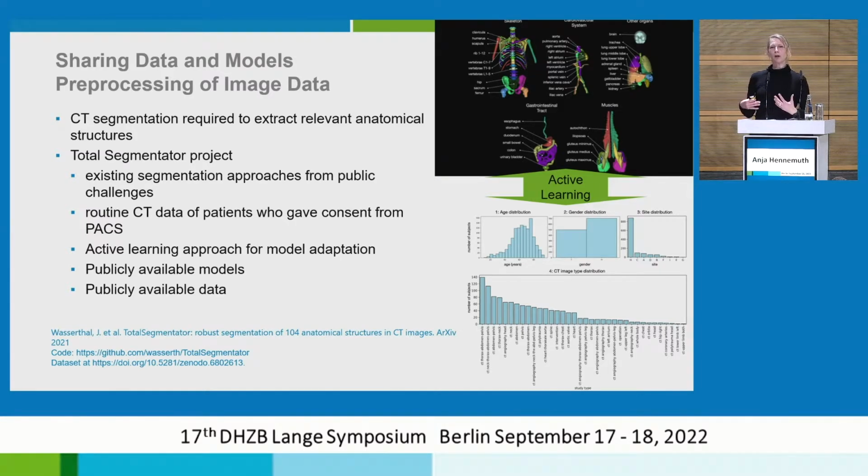At the moment, the whole image processing community benefits a lot from a very recent approach published by the University Hospital of Basel, where they made optimal use of what the image processing community had already provided. There are public data sets, there are challenges, and there are machine learning models which are publicly available for, so to say, small problems.